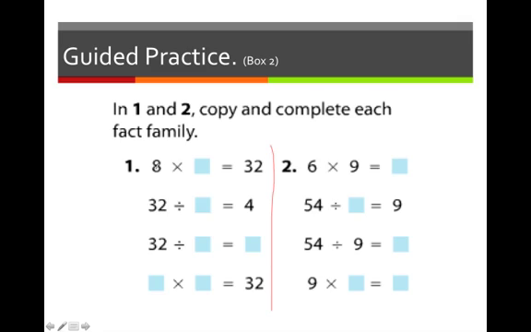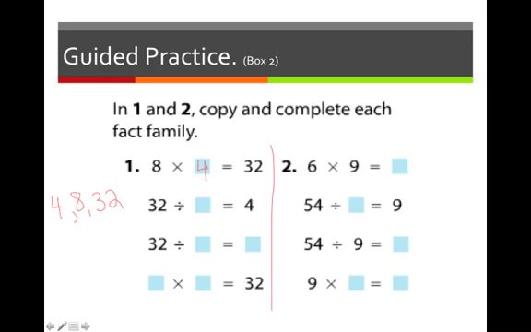If you know the digits that go along with the fact family of 8 and 32, you will be able to complete this very quickly. So what is missing with 8 and 32? 4. And now we will be able to complete our number sentences because 8 times 4 equals 32.